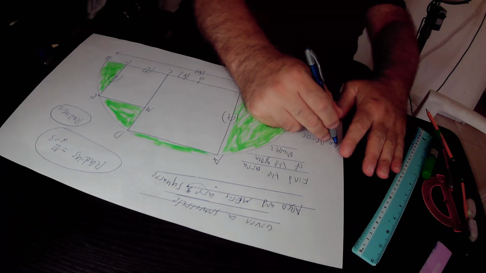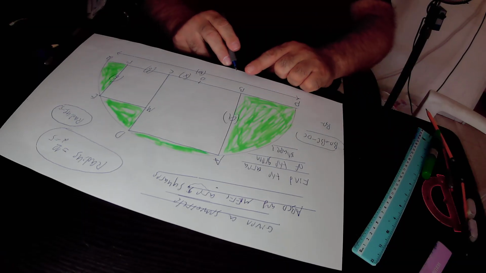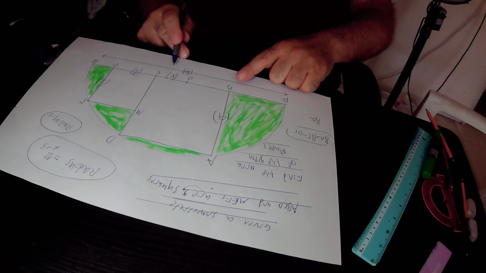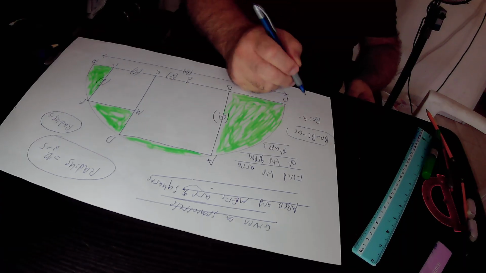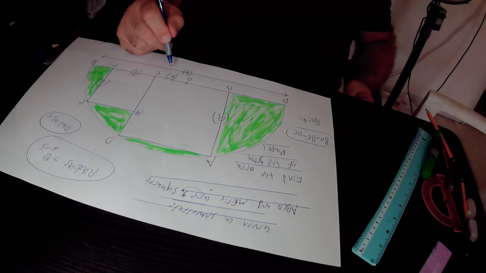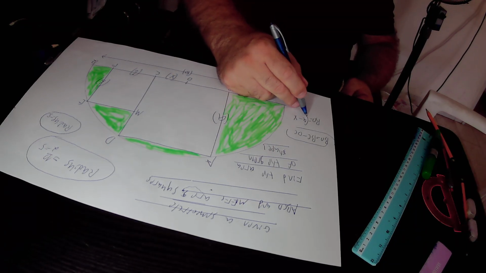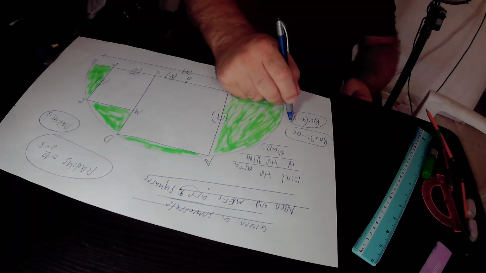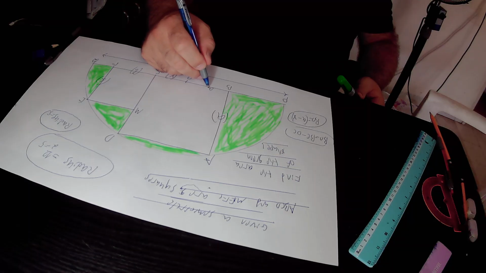BC equals A units in its length because it is one side of square ABCD, minus OC. OC equals X units in its length according to our definition. So in total, we have found that the length of the missing side BO is A minus X units.